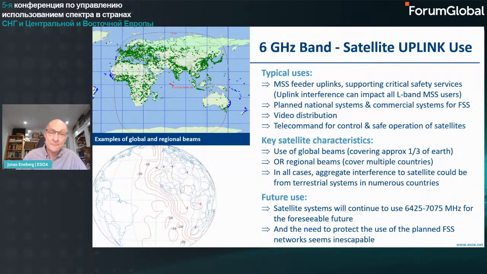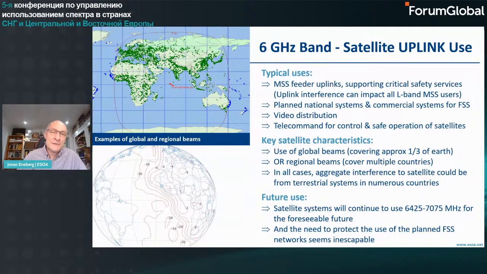And even other satellites that use regional beams, such as the one in the bottom picture, those beams also tend to be quite large. And this is something like the Hemi beam, which covers more or less half of the field of view of the satellite. So even there you have a very large number of countries that could cause interference to the satellites.